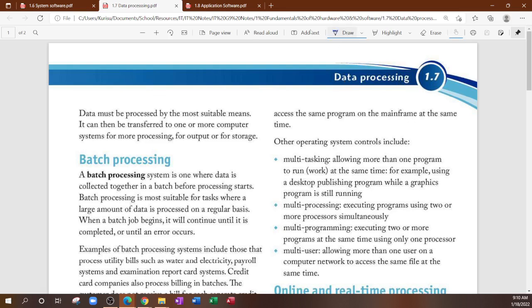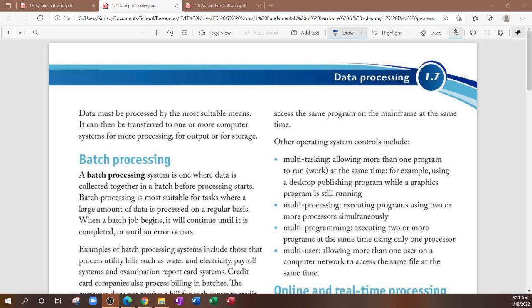Now, when it comes to the part of your computer that handles processing, does anyone remember what part of the computer handles processing? The CPU. Very good.